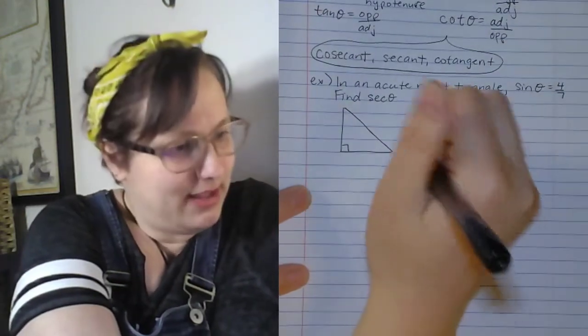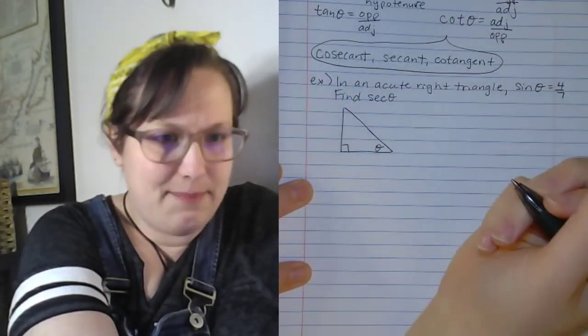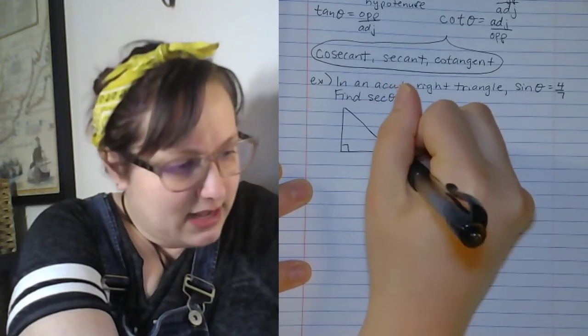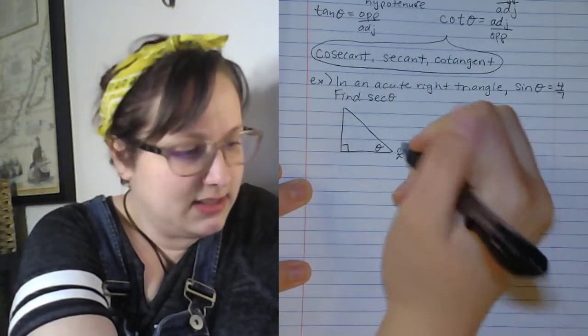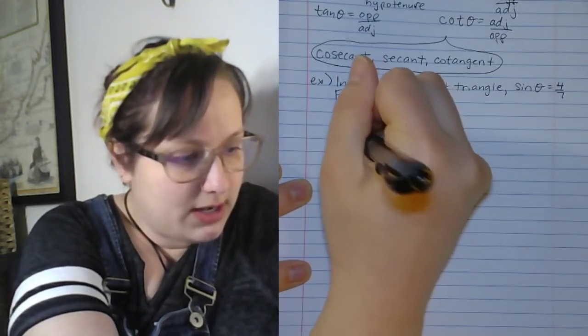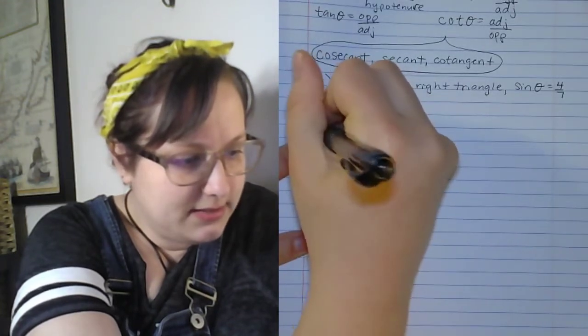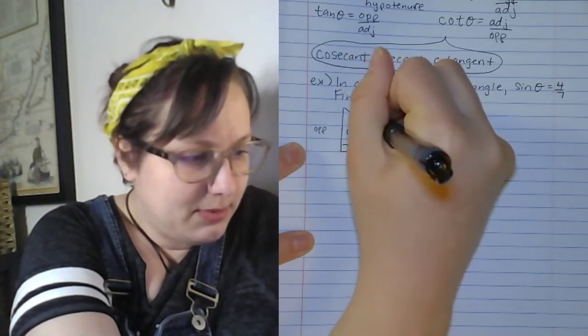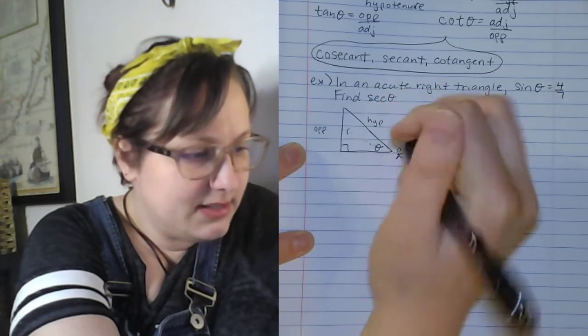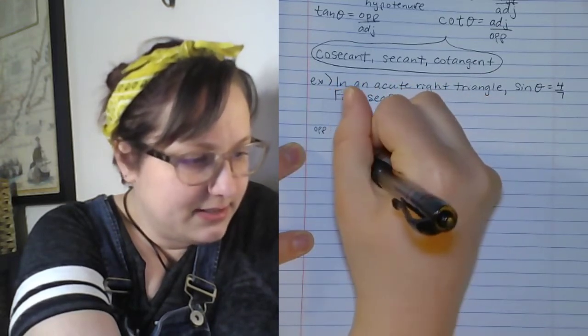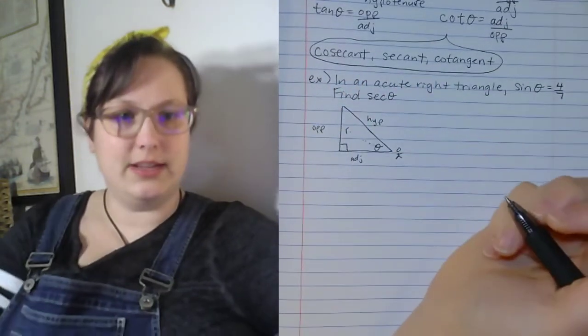It doesn't matter what angle I call theta, so let me call this one theta, which means that dude standing here, across from theta is opposite, longest is hypotenuse, and the other side is adjacent. So we have our three sides.